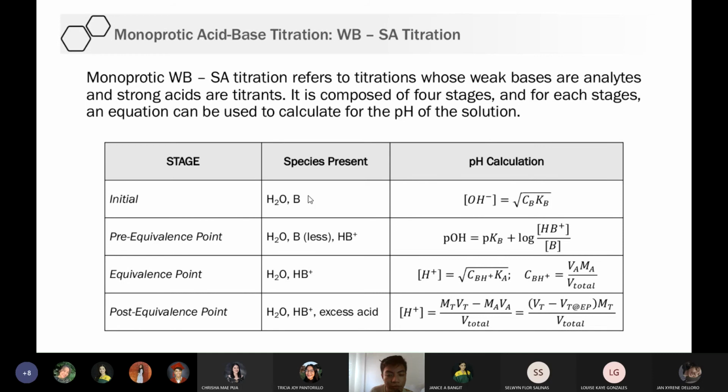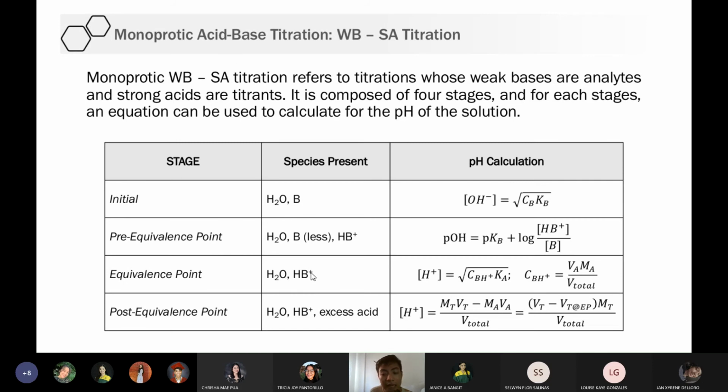Then, what will happen when you add the acid titrant? Magkakaroon ka ng base and the conjugate acid. If you have a base and a conjugate acid, you have a buffer system. That's why we use the buffer equation here. Ayan, buffer equation. And then, eventually, kapag nag-add ka ng enough titrant, wala na tayong base.